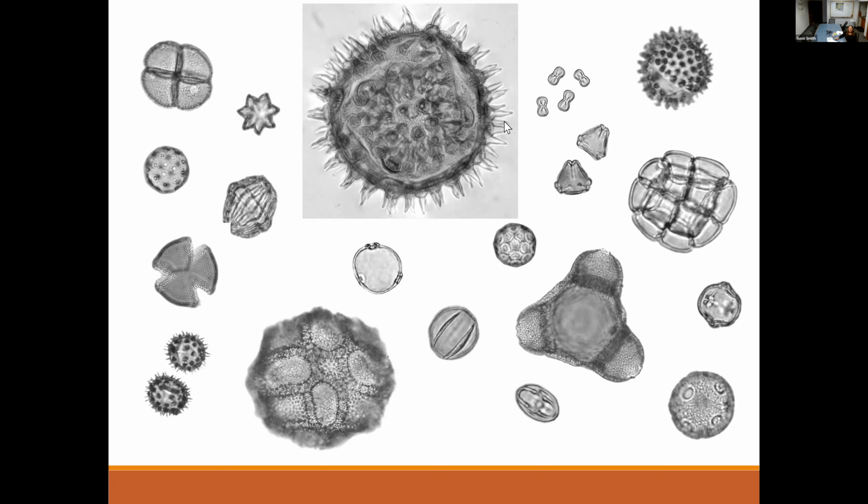And the building blocks of these designs have structural elements like spines, and also just the patterns on the grains themselves are part of these structural elements unique to each plant species.